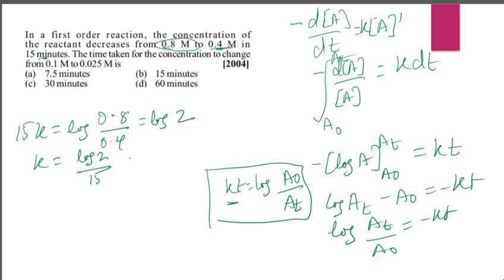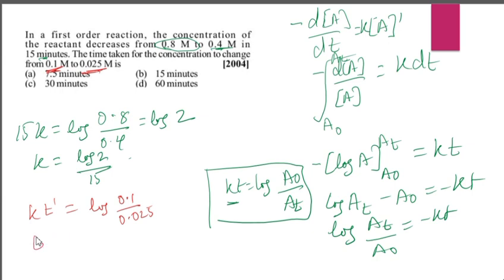Okay, now see what we will do. Now they are asking us to find the time for the concentration to change from 0.1 to 0.025. Now see what is happening, the initial concentration is changed, right? So again the same formula: k t dash will be equal to log, now the initial concentration is 0.1 upon 0.025.